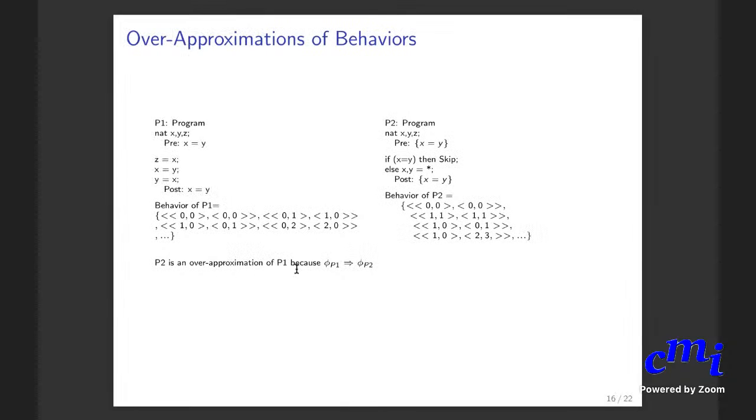P2 is an over approximation of P1. If you consider it in terms of formulas, if you used SSA like I demonstrated in the previous class to model the behavior of these two programs, then as formulas, as conjunctions of these individual SSAs, when P2 is an over approximation of P1, the formula phi P1 implies phi P2.